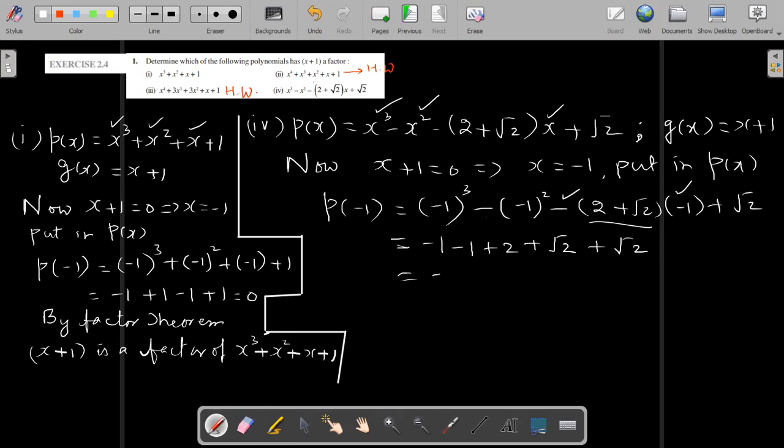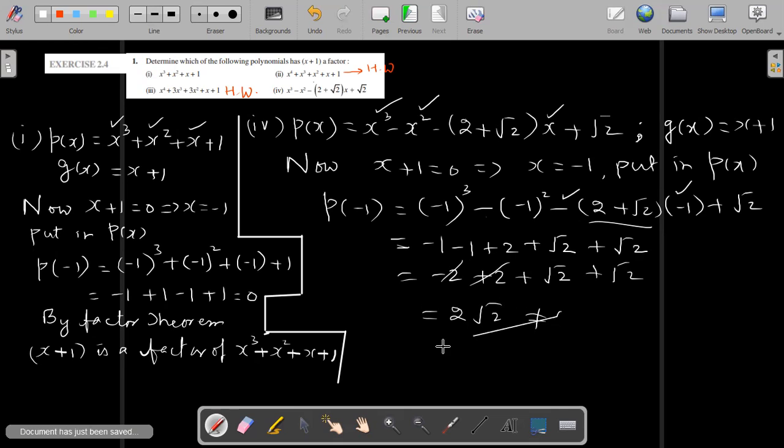But minus 1 minus 2 plus 2 plus root 2 plus root 2. These two will cancel. Root 2 plus root 2 is 2 root 2, which is not equal to 0.